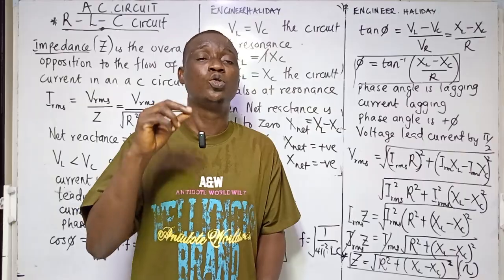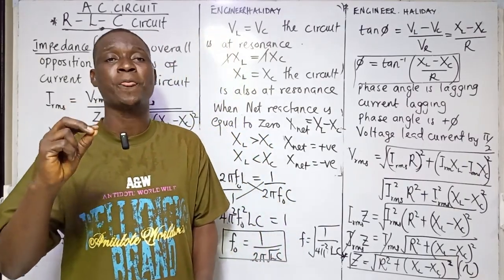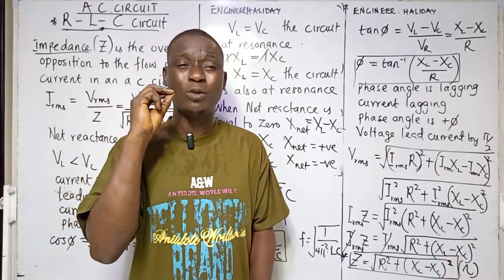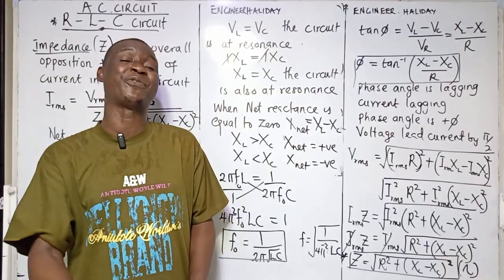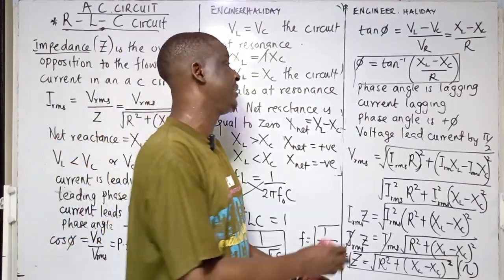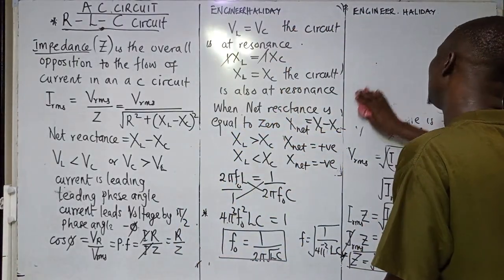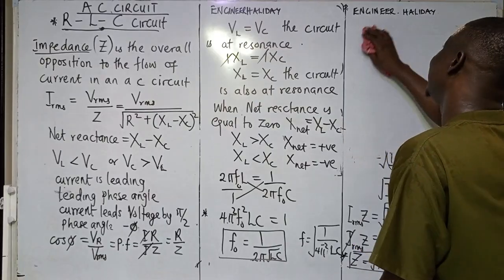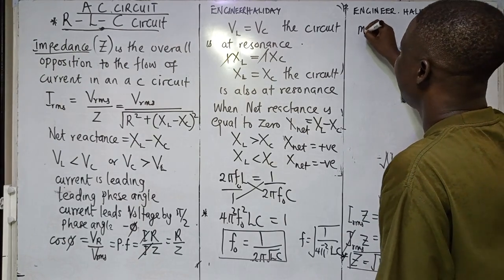Now, when you get to the station, you get the signal, you get the voices of the people in that program and hear them clearly. At that point, you have got it to the resonance frequency of that station. So resonance frequency is the point where the station will have a minimum impedance.